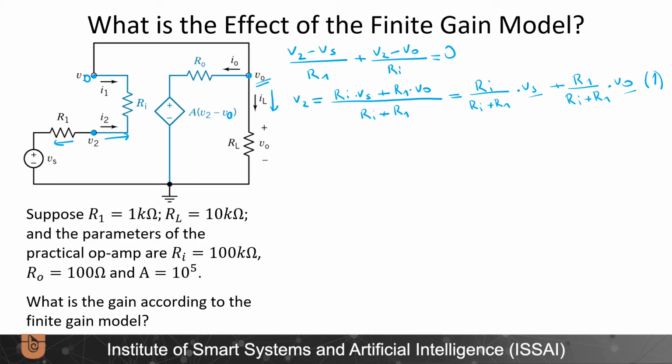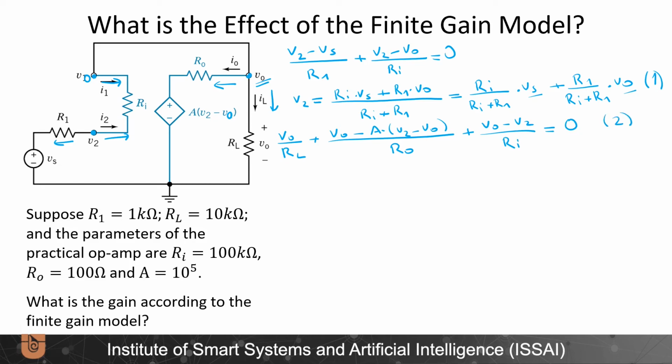We have the current going out this way, which will be V0 over RL, plus the current going this way, which will be V0 minus A times V2 divided by R0, plus the current going this way, V0 minus V2 divided by Ri, and this will be equal to 0 as well.